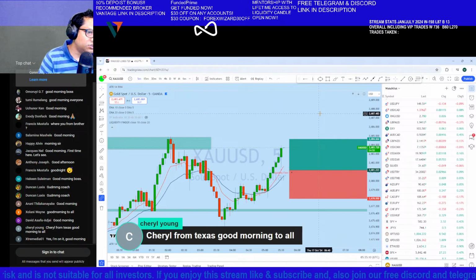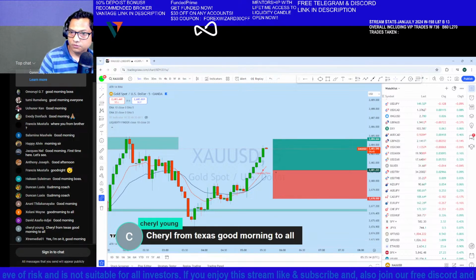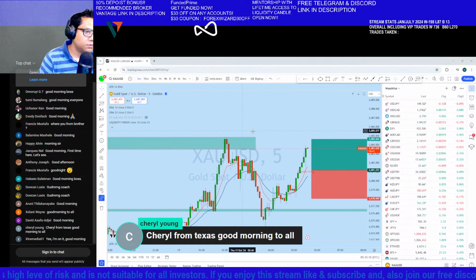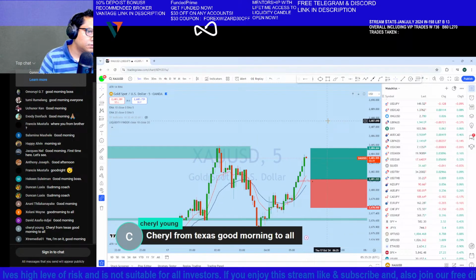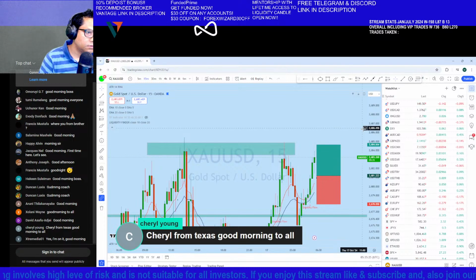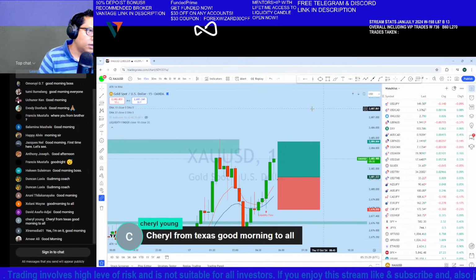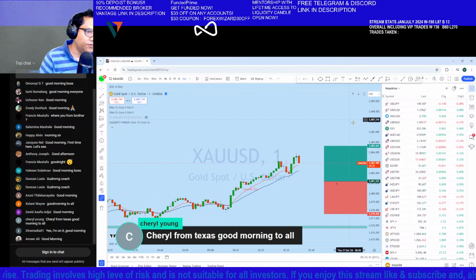There's a 5 minute bullish candle formation also. Expecting it to reverse to the upside.